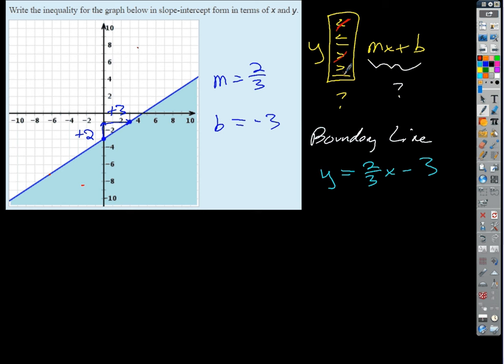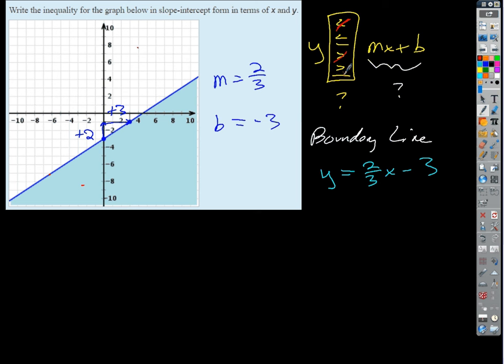If I pick a larger x value, does that mean it's more to the right or more to the left? More to the right. So bigger means to the right, lesser means to the left. Y is the vertical axis, so bigger means more up. What is a smaller y value? A lesser y value would be down. So we've got our boundary line here, and we've shaded all the parts that are below the boundary line.